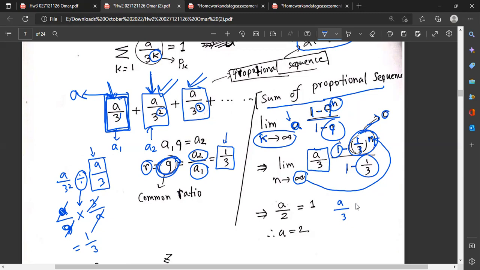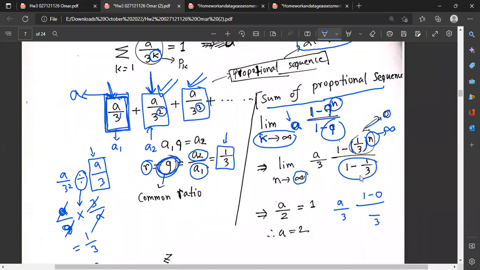So here times 1 minus 0, right? We calculate the limit here. So what we do, we just substitute the value of n as infinity. Some number to the power infinity is equal to 0, okay? This is the calculation of limit. So we write 1 minus 0, and this part will be 3 minus 1, that is 2 by 3, okay?